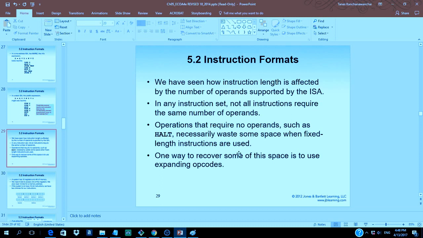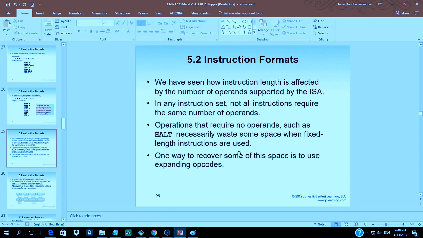Okay. For example, halt you don't really need an operand, so you're wasting space right there, right?